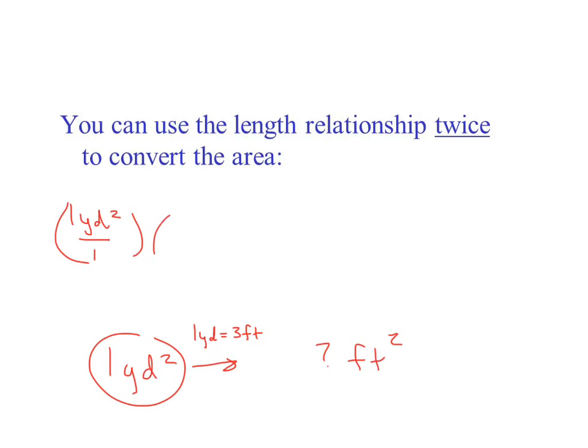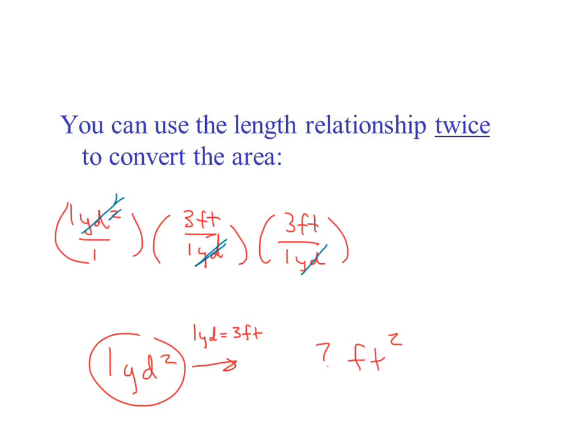Then if we want yards to cancel, we put 3 feet over 1 yard. But if we do our canceling magic, only one of the yards cancels, and I'm left with 1 of those. So like the slide says, that's why you would need to do it 1 more time. And then that second yard will finally knock out.